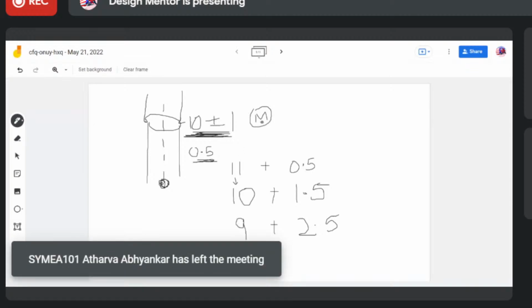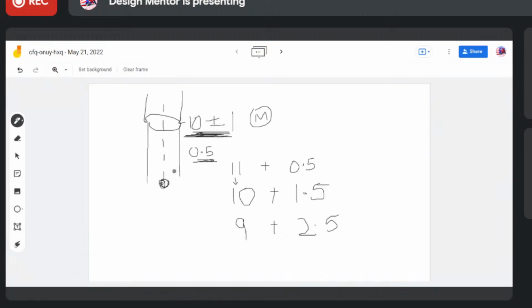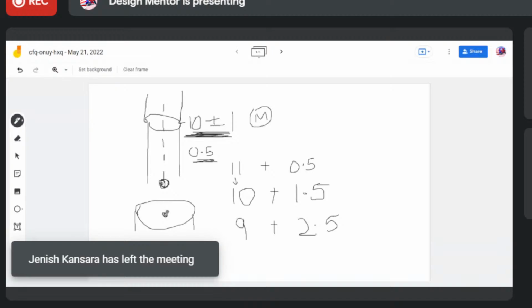If you're talking about a shaft, the positional tolerance will be counted from the center of the shaft. Similarly for a hole, the tolerance will also be from the center axis. So that's how things are done.